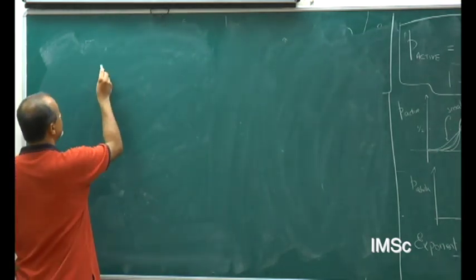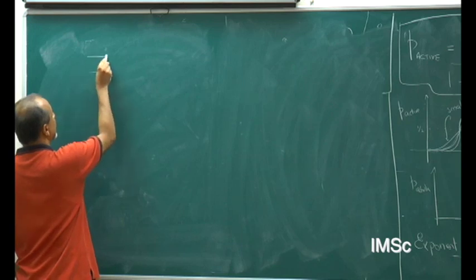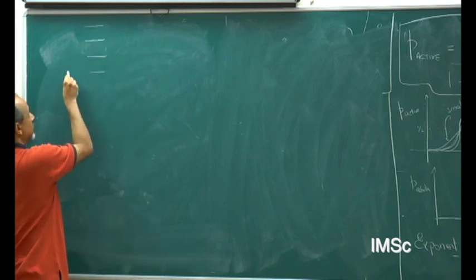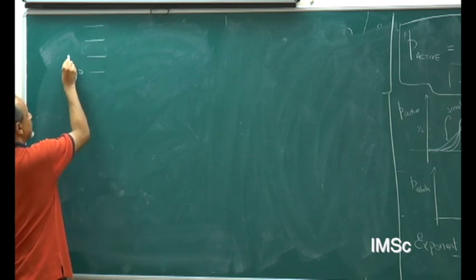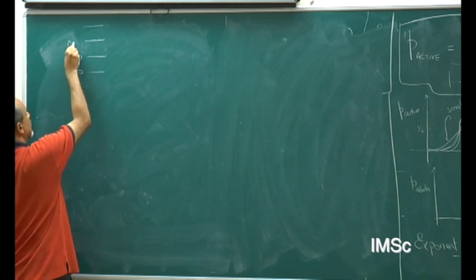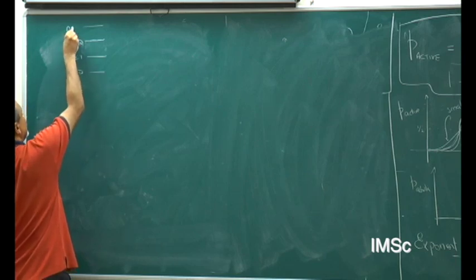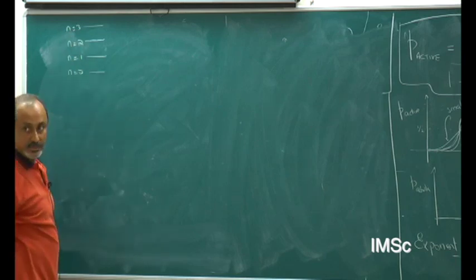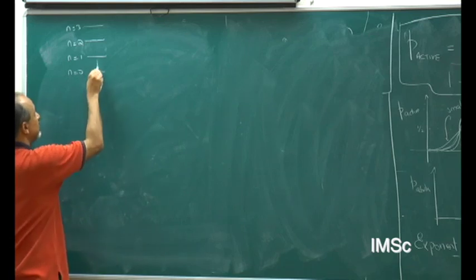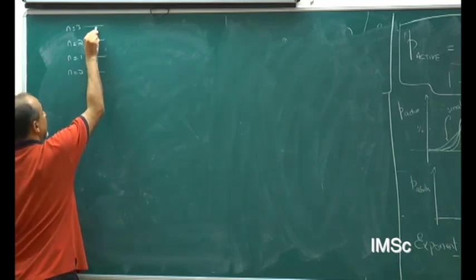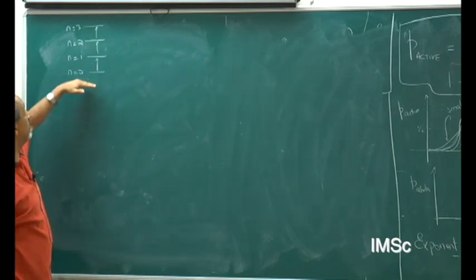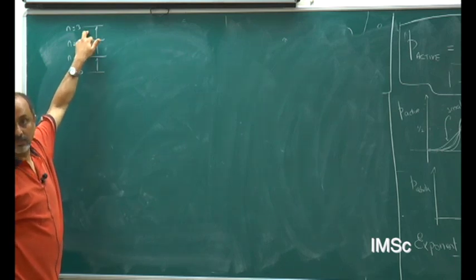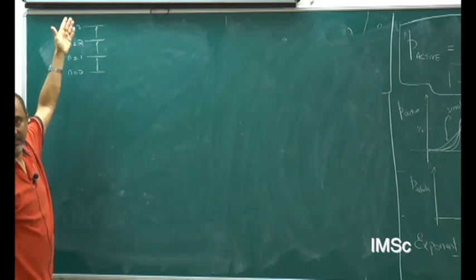For example, the signal of cooperativity would be, suppose I have nothing bound, so n equal to 0. Suppose I have one thing bound, n equal to 1. Suppose I have two things bound, n equal to 2. Suppose I have three things bound, n equal to 3. If these are equally spaced, then it doesn't matter how many of them have been bound. If I have 3 bound here or 4 bound, it's just n times that energy.